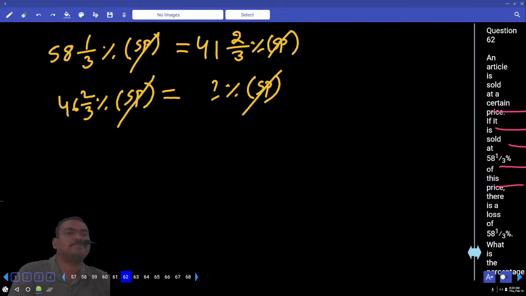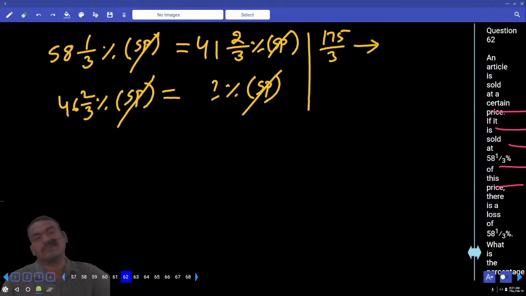First, 58 1/3%. What is the fraction? 350 is 150, 3 8s are 24, 174 plus 1, 175 by 3, equal to 41 2/3, which is 125 by 3, or not? Next, 46 2/3, 138, 140 by 3, or not?